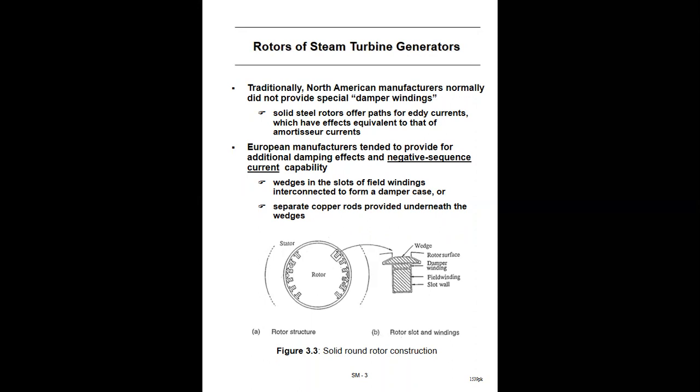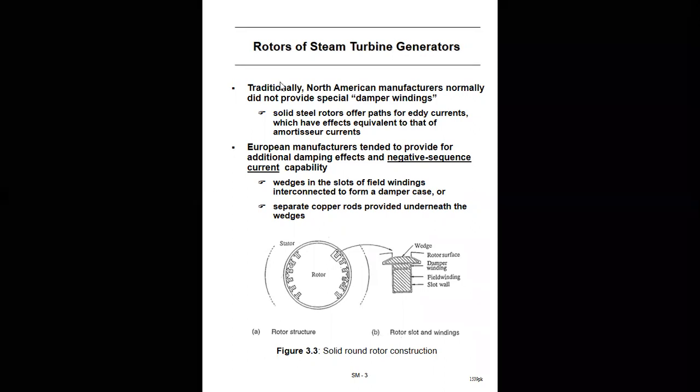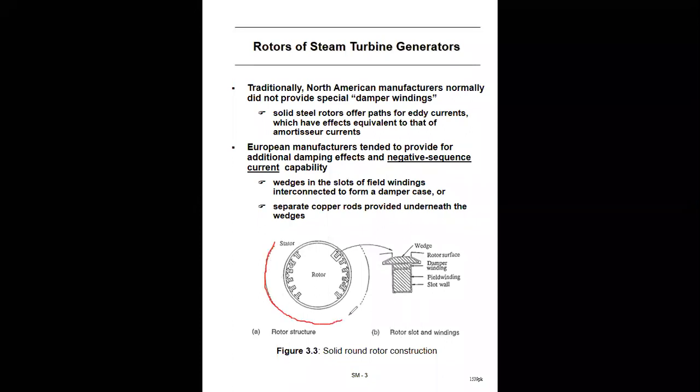If we see figure 3.3a, the actual rotor structure, we can see here the outside part is the stator, and inside is the rotor part. And this is the enlarged view of a slot.